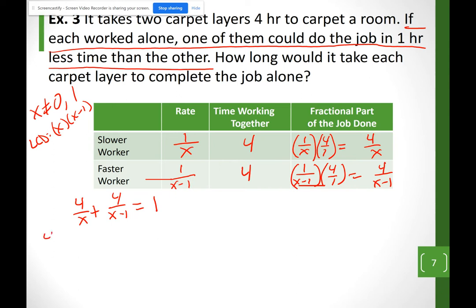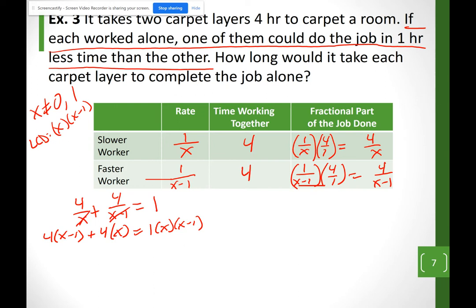On the first, I have a 4 on the top. If I cancel the X from my LCD, I'm left with X minus 1. I have a 4 on the top of the second. If I cancel the X minus 1 on my LCD, I'm left with an X. Now here, I'm going to go times X minus 1. I don't cancel anything from my LCD.